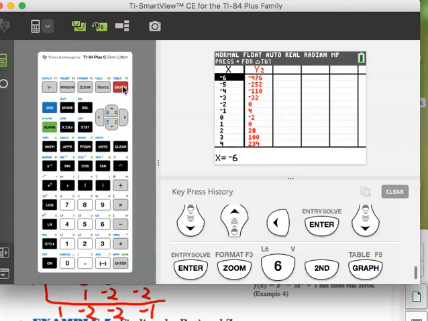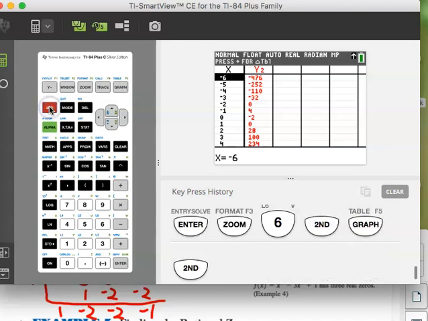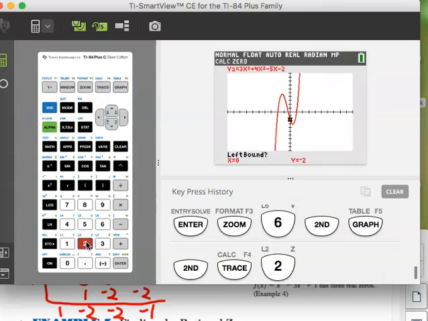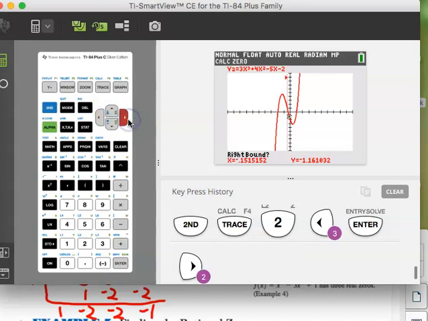It's up to you. Now, since I know about -2, 0 and 1, 0, I'm kind of interested in the other one. And that would be the second 0 from the left here. So I'm going to go to the left, which is above it, to the right, which is below it, and enter.